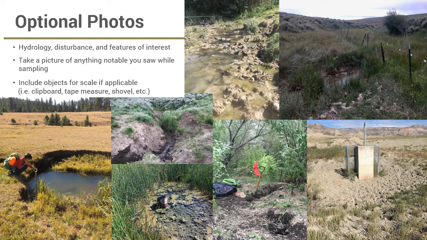When taking a photograph of this sort, always include an object for scale such as a clipboard, tape measure, or shovel. Additional information on hydrology and disturbances can be found in sections 5.3 and 5.5 of the Field Methods Protocol, respectively.